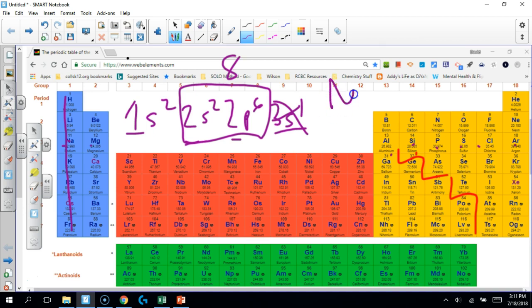So sodium ends up losing 1 electron, not gaining, but losing 1 electron to become sodium 1+. And that's true with many of these elements throughout the periodic table.